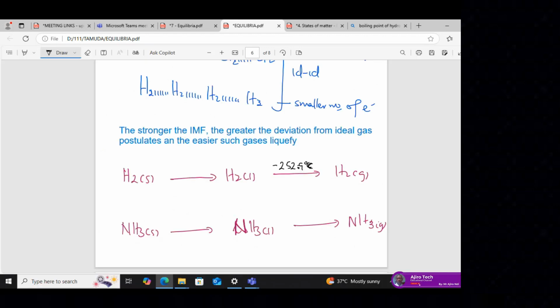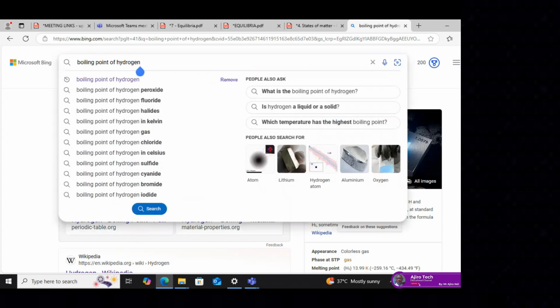You get the point now. Boiling point of hydrogen: minus 252.9 degrees Celsius. That's the temperature. Let's check the boiling point of ammonia.